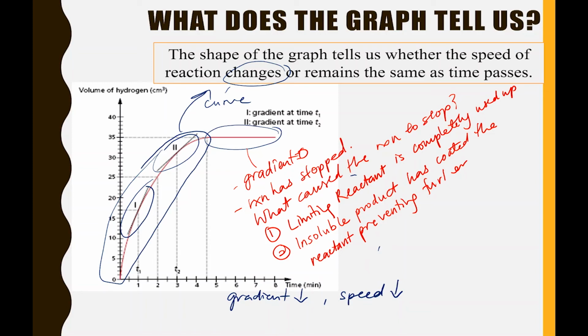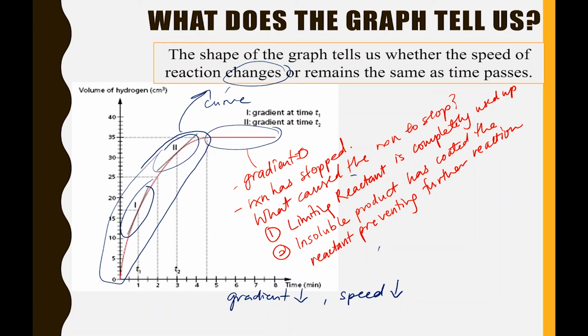So two ways where a reaction can stop. Number one, your limiting reactant is completely used up. Number two, your insoluble product that was formed has coated the reactant, preventing further reaction.